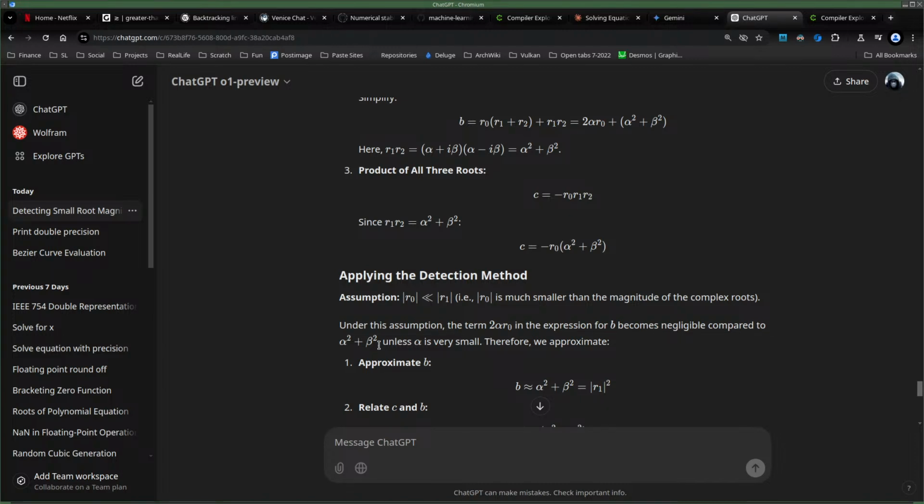No. Wait a minute. Oh, that's already, unless alpha is very small. Yeah, but then this gets even smaller. It's a nonsensical remark.